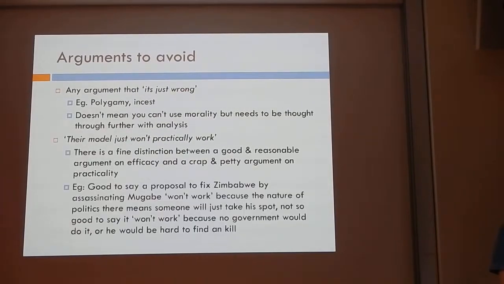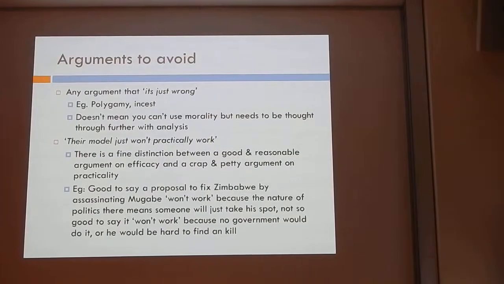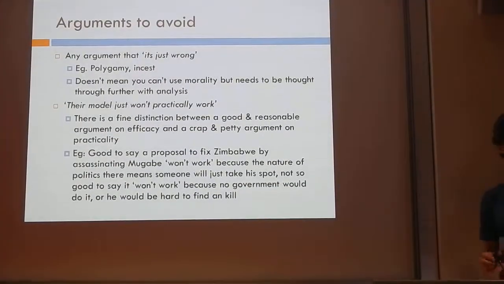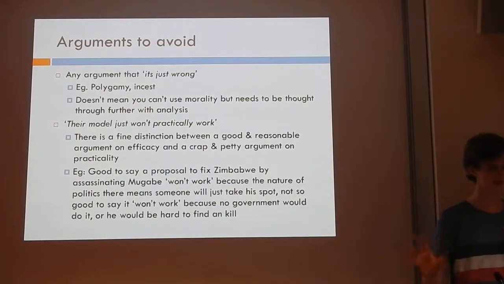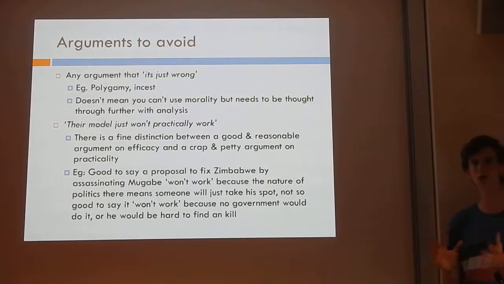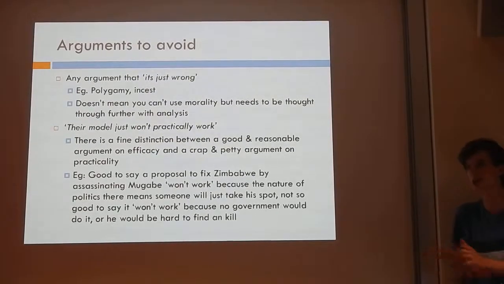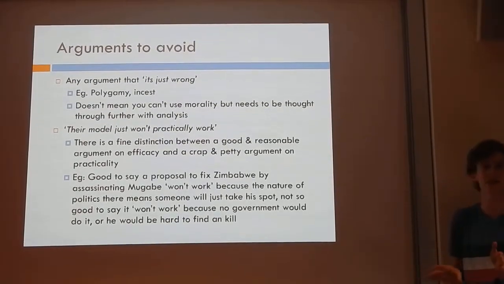Here are some arguments to avoid that are pretty common traps. The first common trap is saying, it's just wrong, okay? This one flies pretty well, unfortunately, in our democracy, but doesn't fly as well in our debating. So if you're having a debate on legalising incest, there's obviously a massive ick factor to incest at the outset, right?